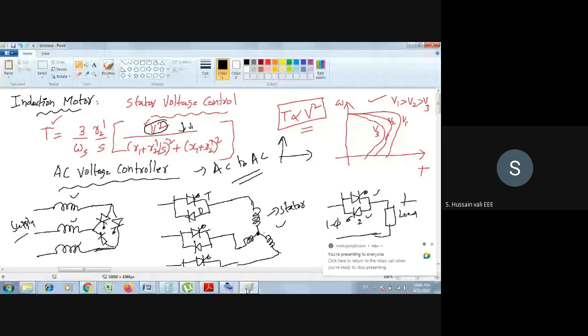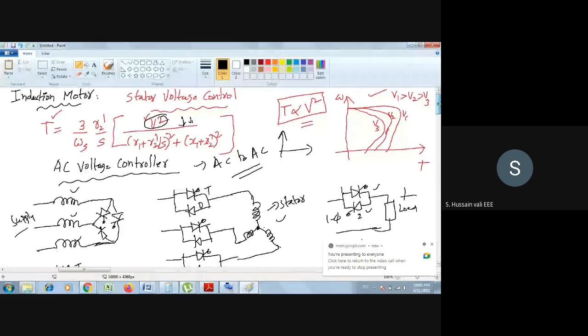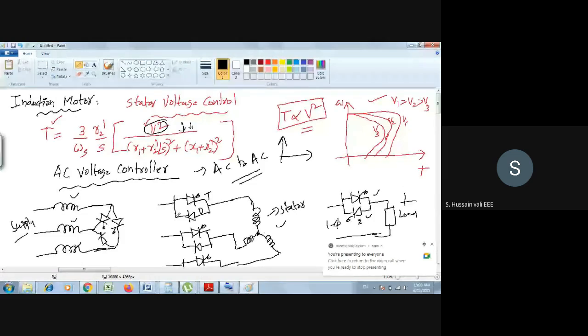So one of the disadvantages we are discussing is that the AC voltage controller output is always less than the supply voltage, which means you are reducing the stator voltage, not increasing it. When you reduce the stator voltage, one problem you face is with the maximum torque, which is a function of stator voltage.